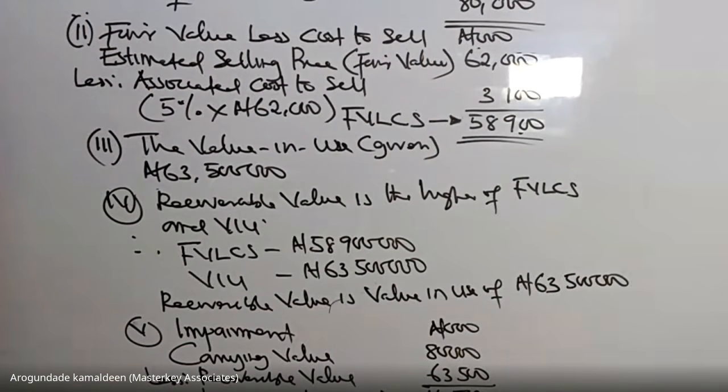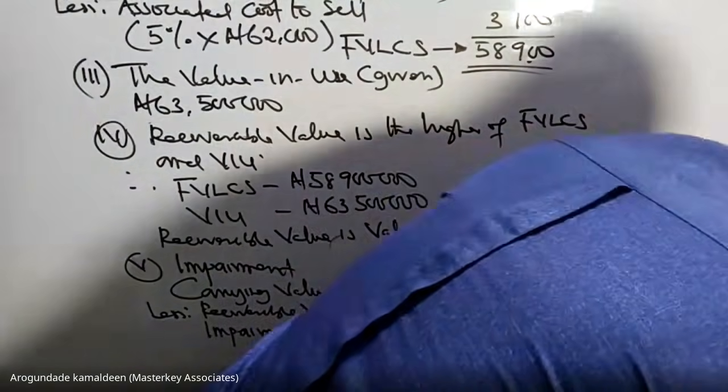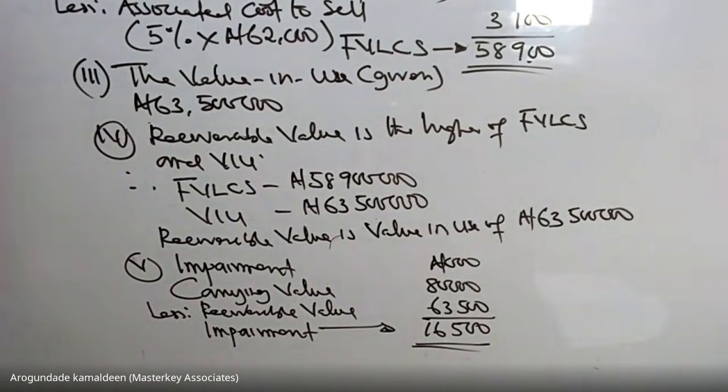So, this is the impairment charge on the board, okay? This is the impairment charge the directors should take to the P or L. So, what is the impairment that we should recognize in the P or L?